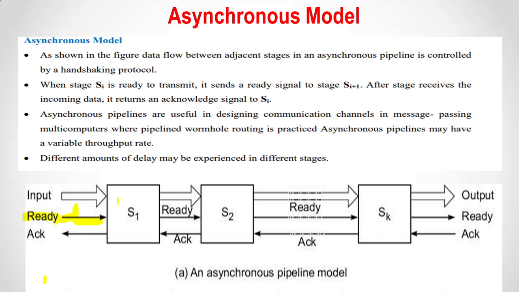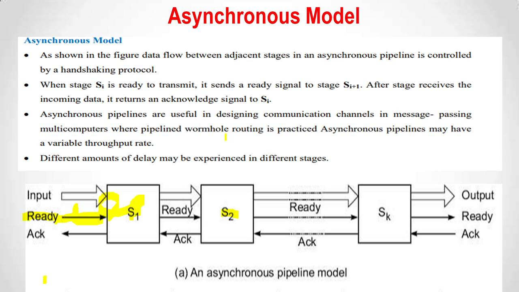Whenever S1 is ready to transmit, it sends a ready signal to the next stage. After this, S2 receives the data, and then it sends an acknowledgement so that S1 knows it has received the data. This is called the handshaking protocol.